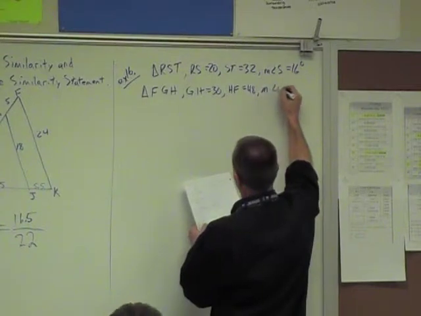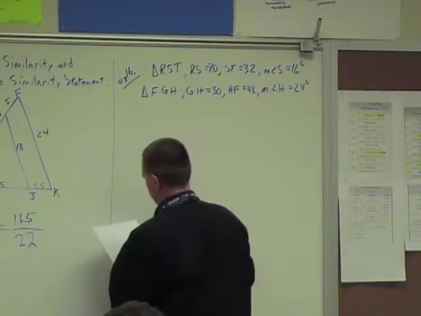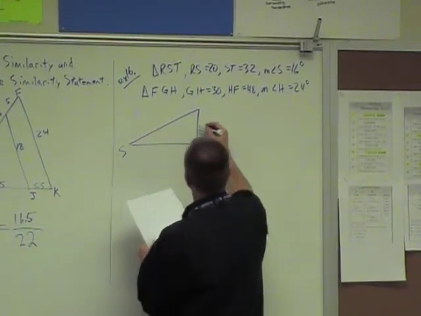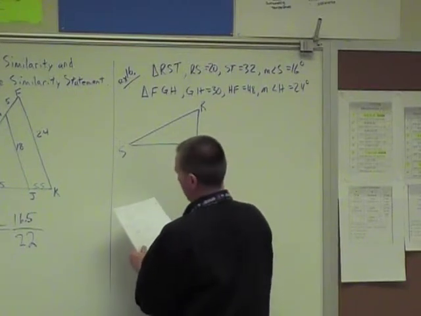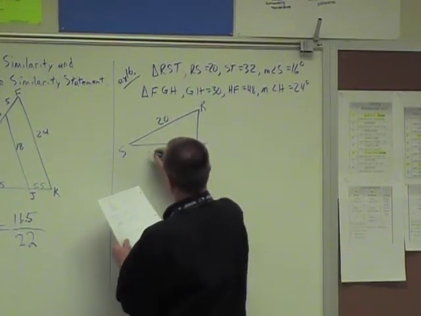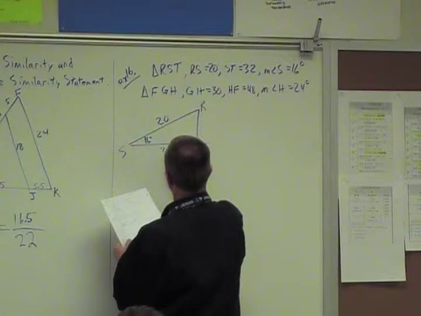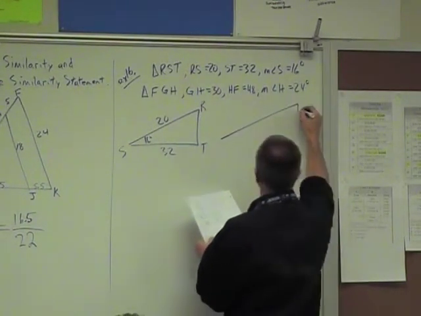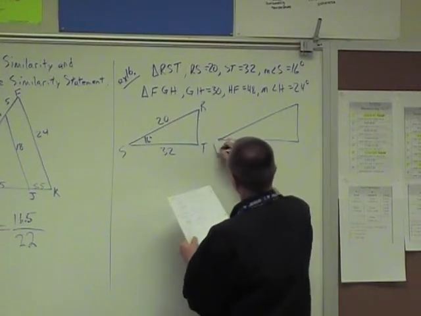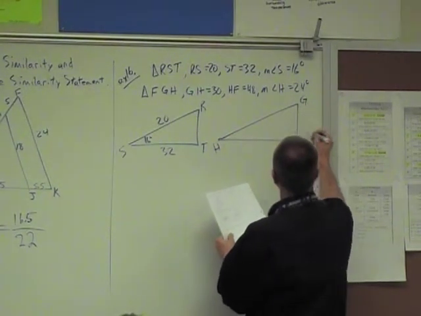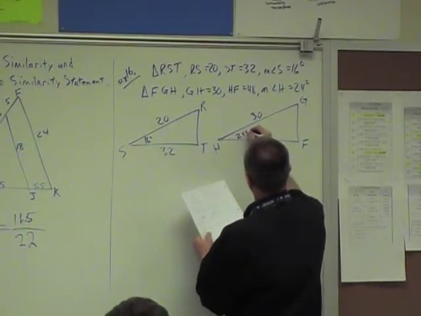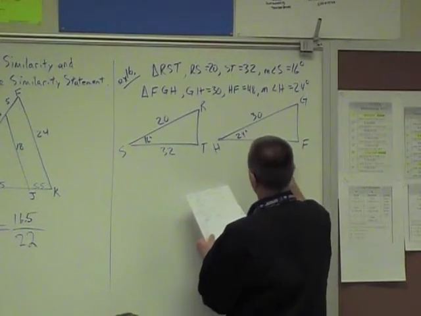And the measure of angle H equals 24 degrees. Here's a picture, SRT. This is 20. This is 16. This is 32. That's not a right angle. This is HGF. This is 30, 24 degrees, and 48.